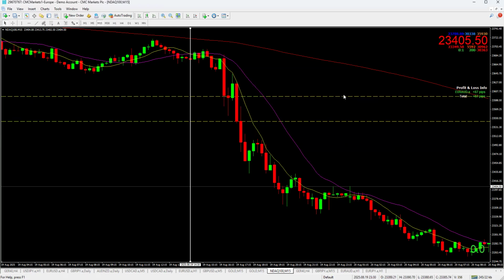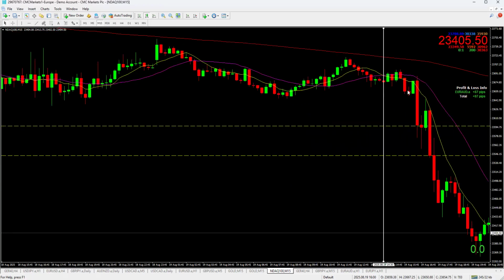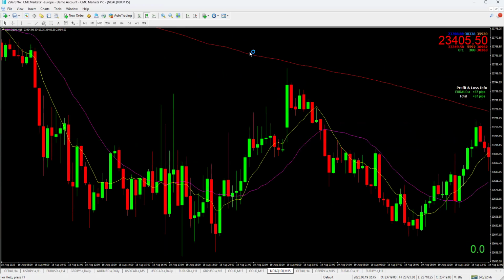Now, this yellow dotted line is my entry point, if you like. So really, you could have been able to enter here because, even just going back, looking left, you can see the price has been going down, correction and going down.